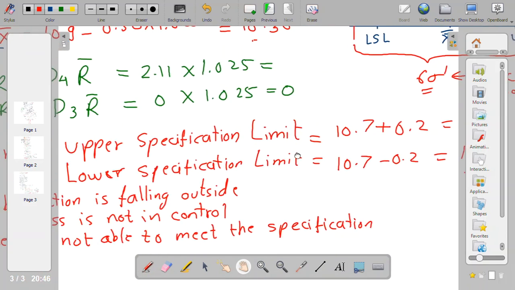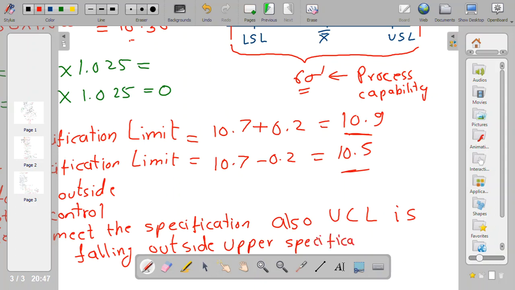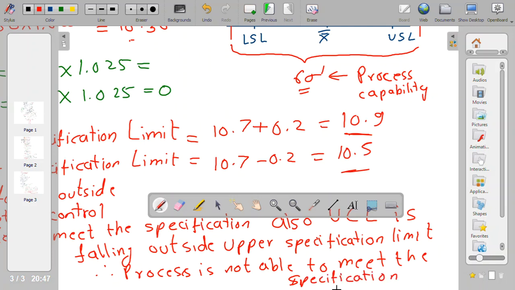That reason you can also write: the upper control limit is falling outside the upper specification limit, therefore the process is not able to meet the specification. I'll finish this here. Thank you.